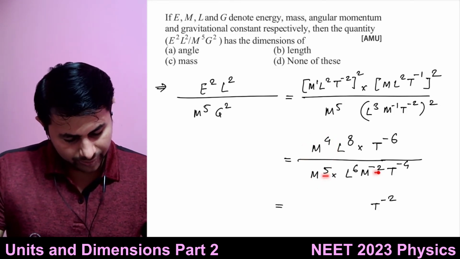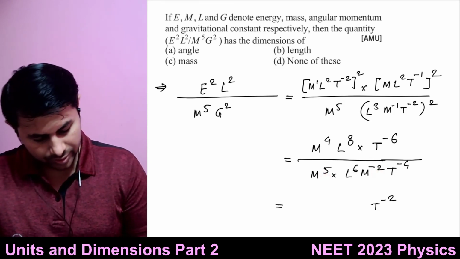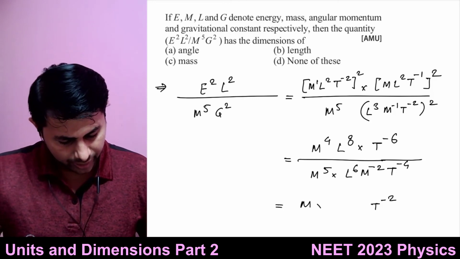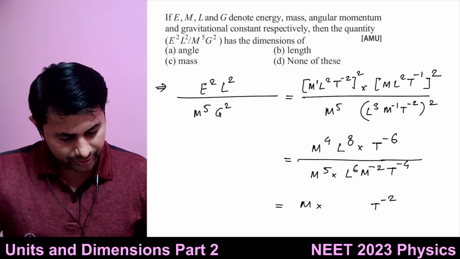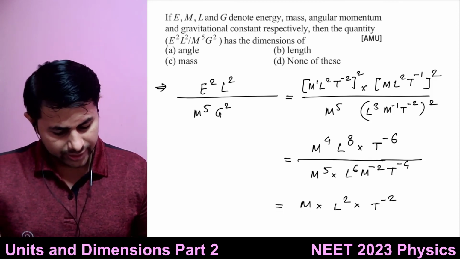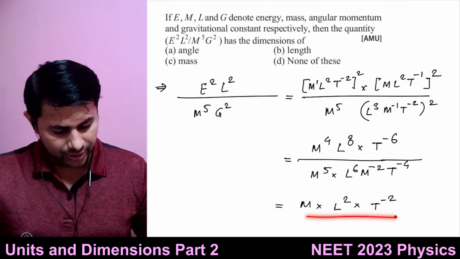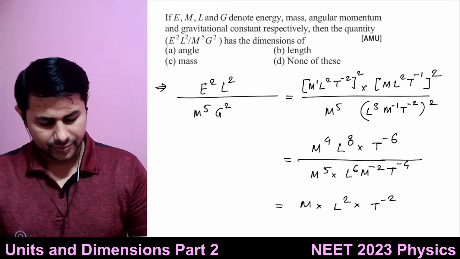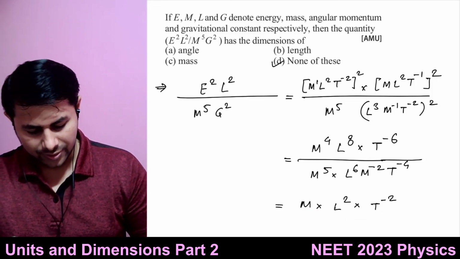M raised to 5 minus 2 is 3. So 4 by 3 is 1. So we have m multiplied by L raised to 8 divided by 6 is L raised to 2. Okay, so what is this? M1 L2 T raised to minus 2. Again, none of this. This is energy, right? Yes, sir. Okay, none of this.